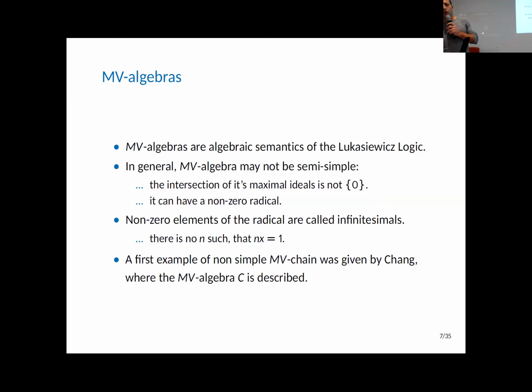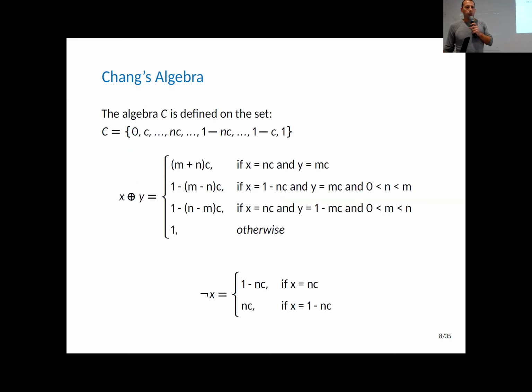The first example of such a non-semi-simple MV algebra was given by Chang, and it was the C algebra defined by him. The algebra is given here. It is a chain where we have a set of natural numbers with their natural ordering, and on top of that we have again one copy of the set of natural numbers, but with the reversed ordering.